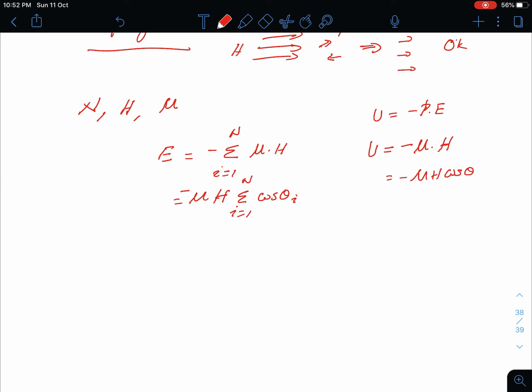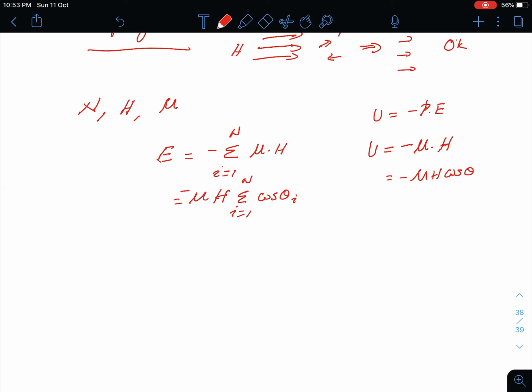Now what is the next step? In any problem in canonical ensemble, where we start from is finding out the total energy. If the system is a conservative one, then we start from the total energy. Once you know the total energy, the next step is to apply it into the partition function.